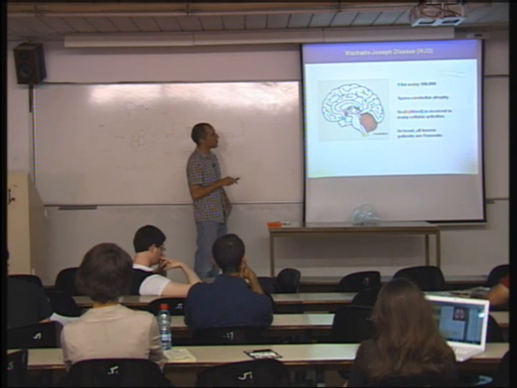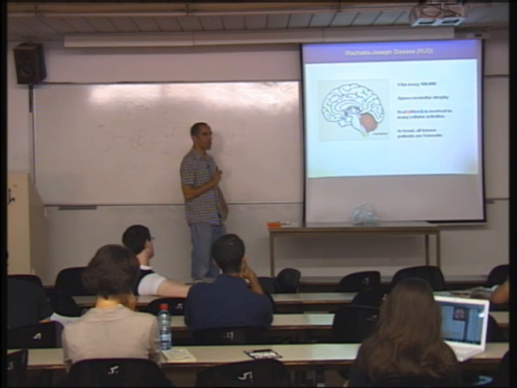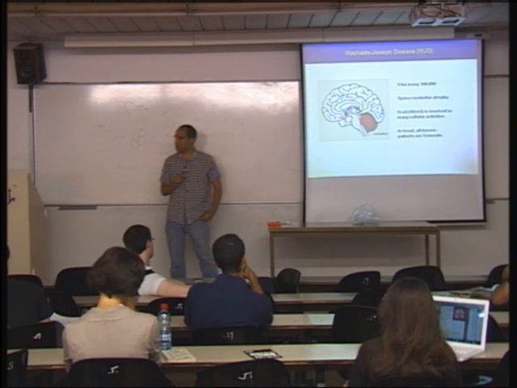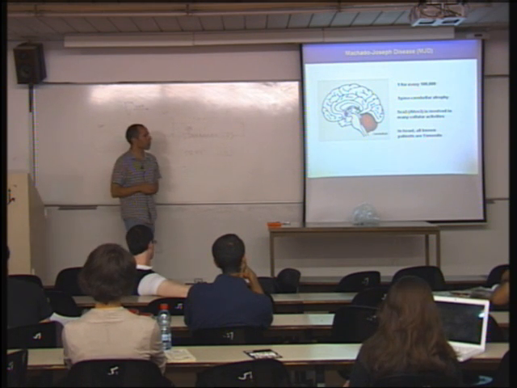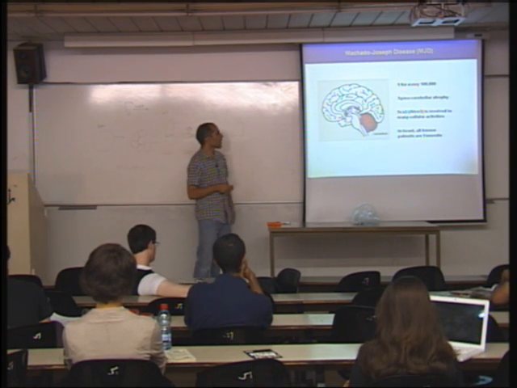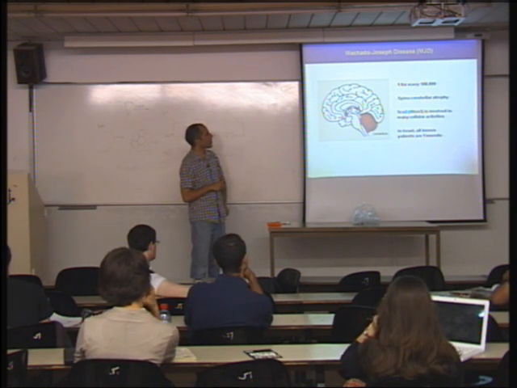And today people believe that the disease originated in the Azorian Islands. So the Azorian Islands, they belong to Portugal, off the coast of Portugal, and this is where the disease is most pronounced.